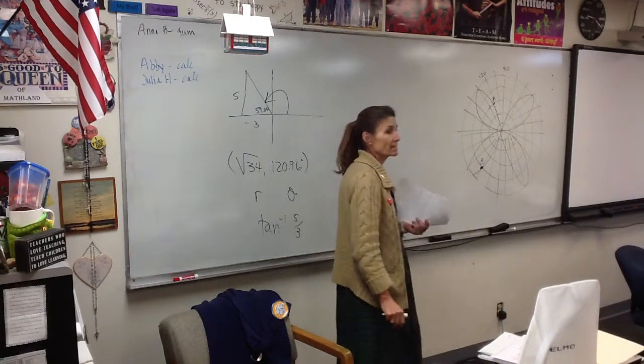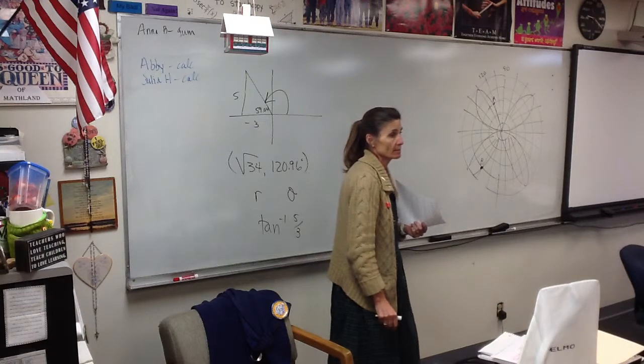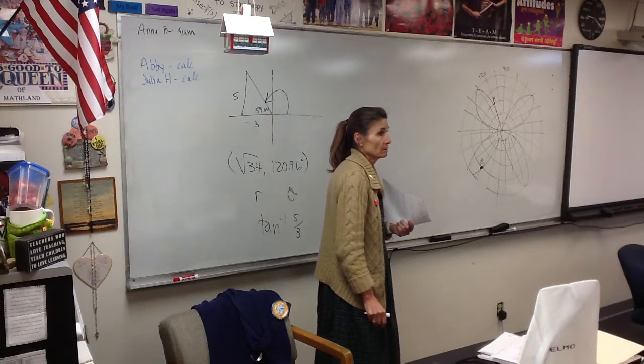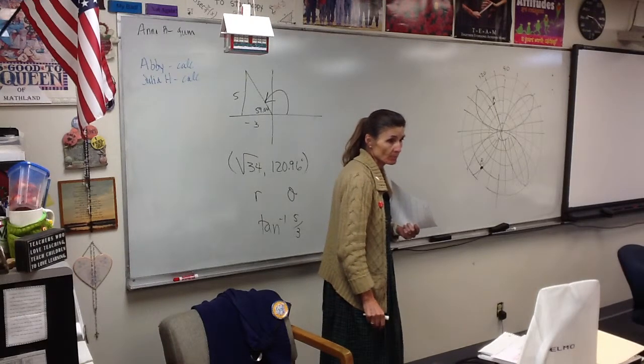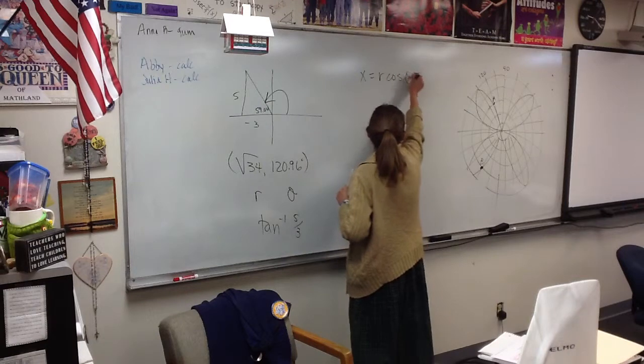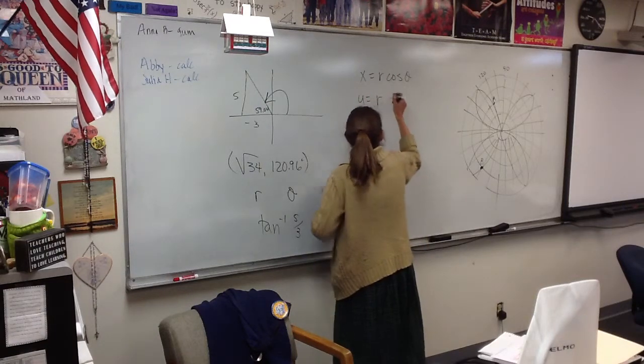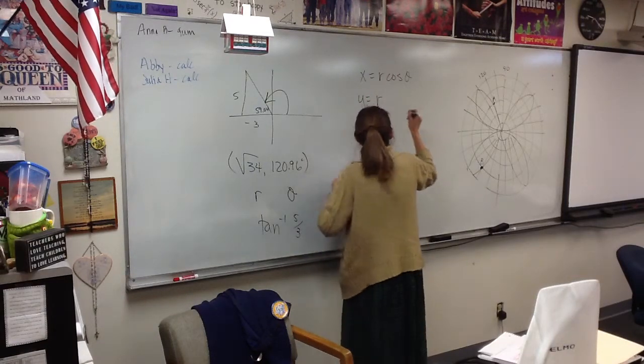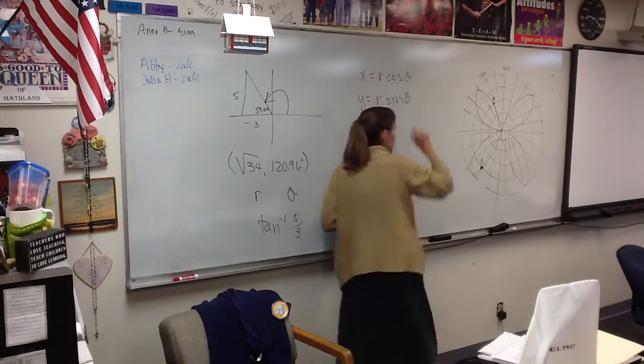Convert to rectangular coordinates. What does that mean? Exactly. I need X and I need Y. And gang, when you need X and Y, it's R cosine theta, R sine theta.